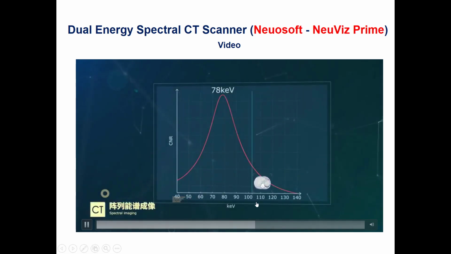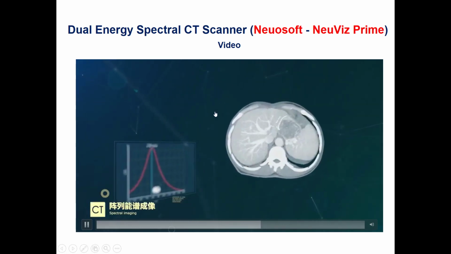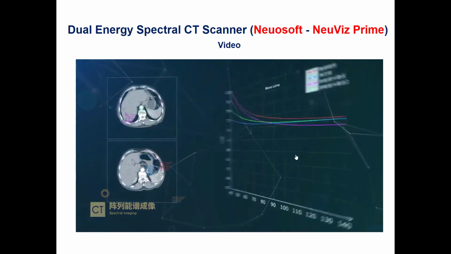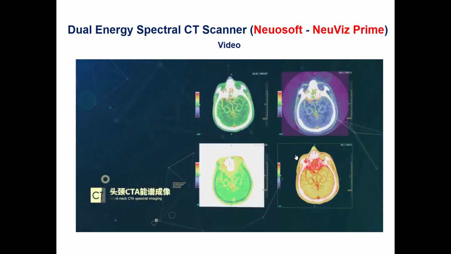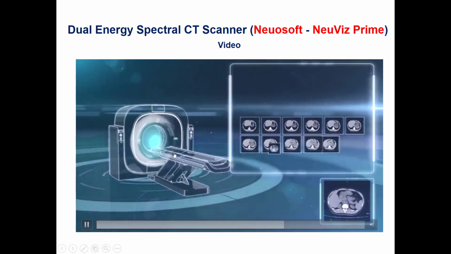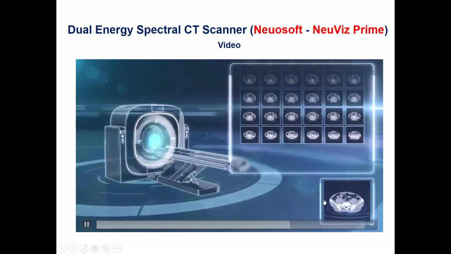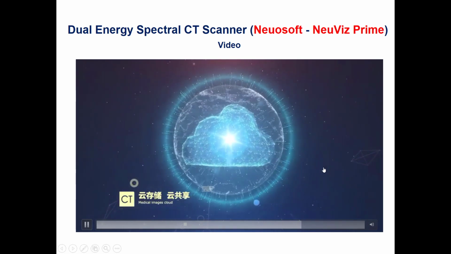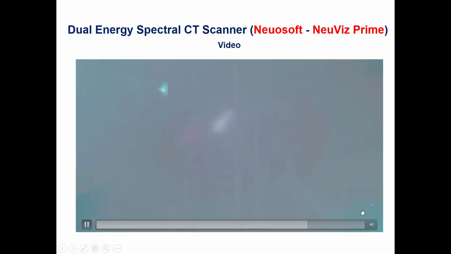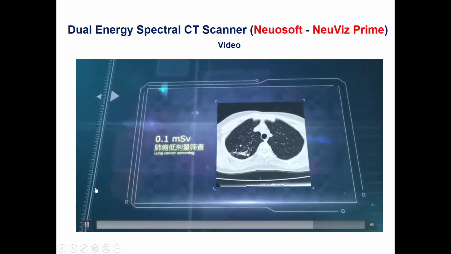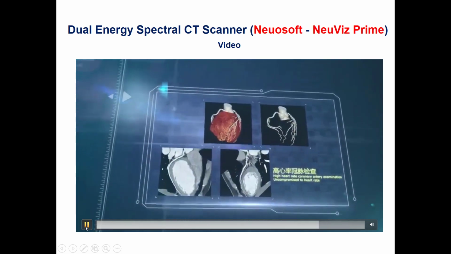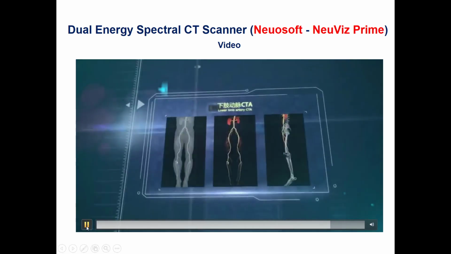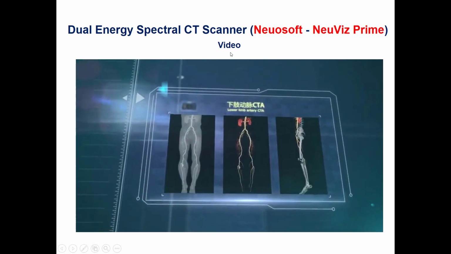And here we see the different energy levels, and how they select the best one of them. So these are the features of this spectral CT.